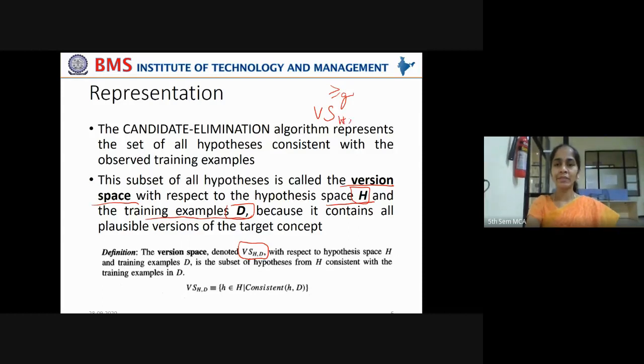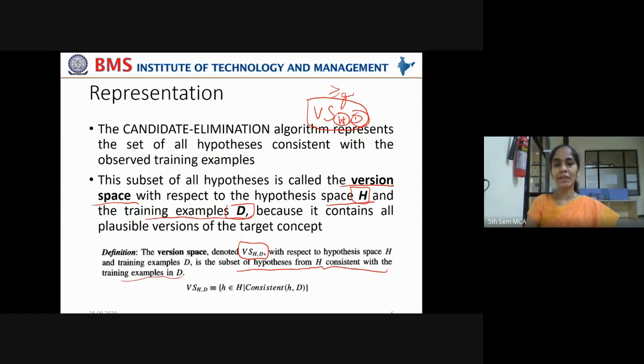You should read this term as version space with respect to hypothesis space H and the training examples D. It is the subset of hypotheses from H consistent with the training examples in D. That is what I have been explaining so far.